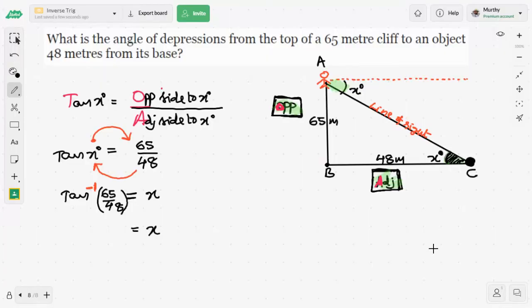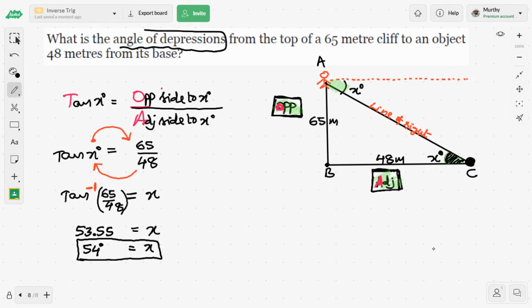53.55. If you want, you can round it to the nearest value, maybe 54 degrees. Therefore, for the angle of depression, this one you have to write.